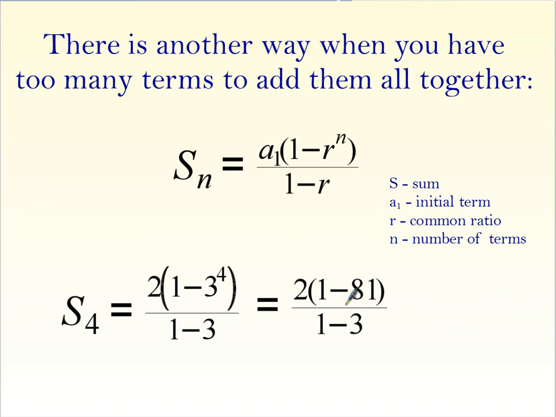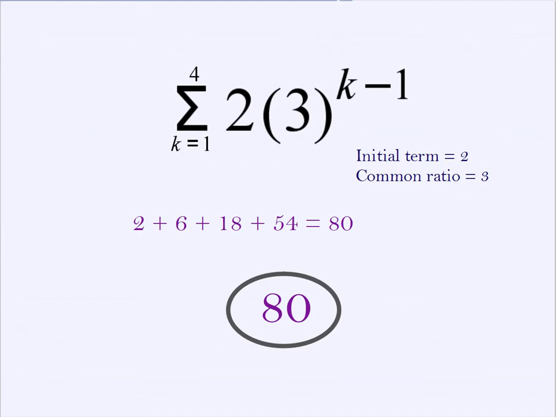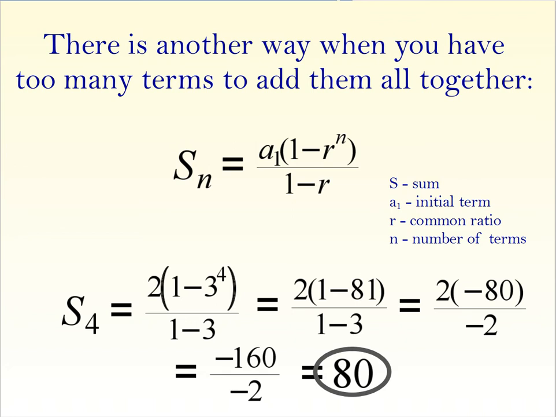Then I'm going to do what's in the parentheses, the subtraction in the denominator at the same time. I'm going to multiply 2 times negative 80. And then I'm going to do the division, negative 160 divided by negative 2. And I still get 80. That's the same answer that I got when I simply wrote out those 4 terms and added them together.